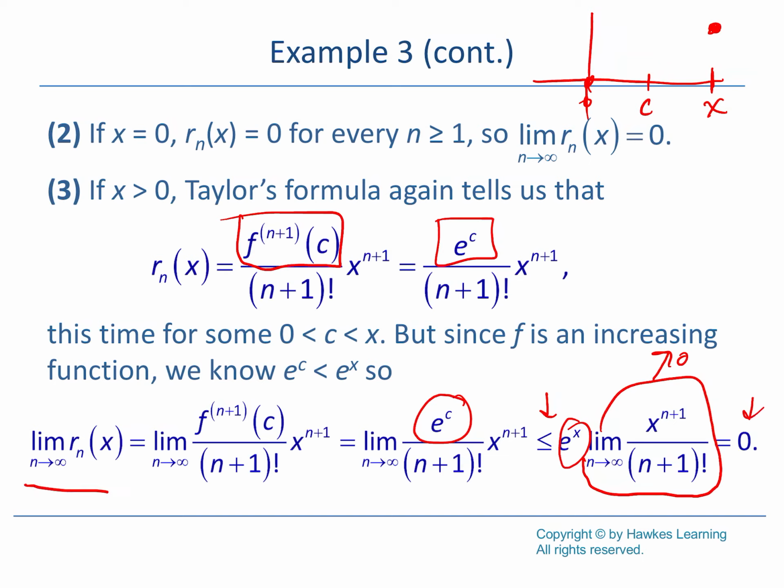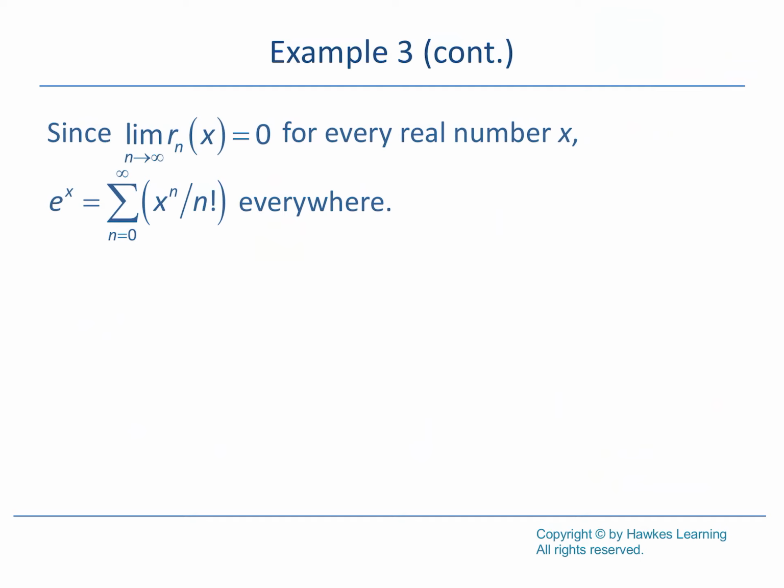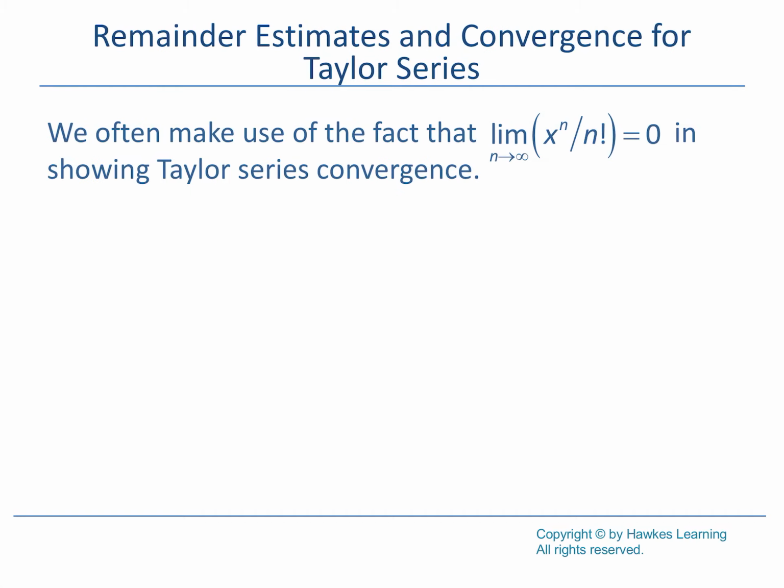So again, we've shown that the remainder term goes to 0. And so for any value x, whether it be negative, 0, or positive, we've shown that our Taylor series converges to e to the x. Woohoo! Cool. And we'll often make use of this specific limit when we're showing Taylor series convergence.